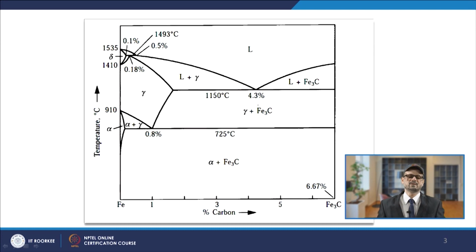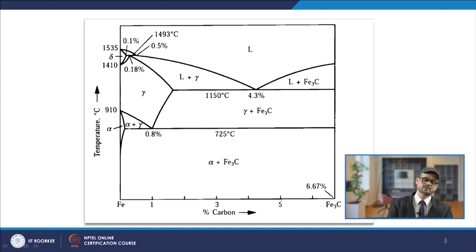Now, if you look at this diagram, the carbon percentage is increasing in this direction. This is 1535 or 1538 degree centigrade. In between you have delta iron, then gamma iron, then alpha iron. When you start alloying iron with carbon, the solubility of carbon is somewhat limited.